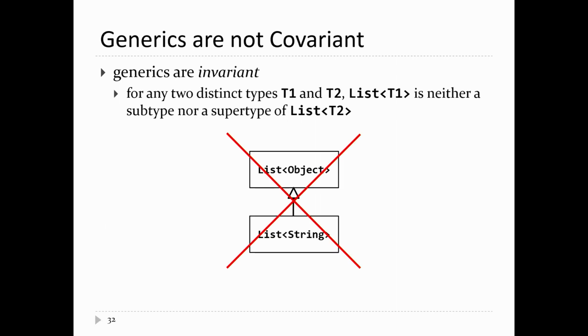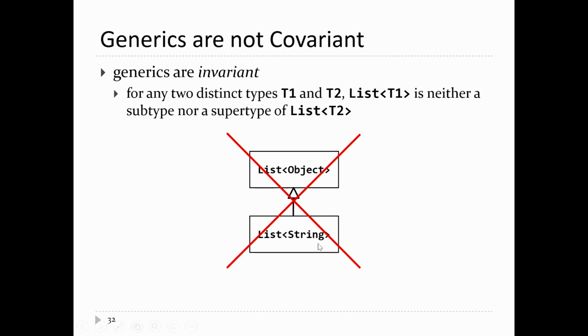Now generics are invariant. Arrays are covariant, generics are invariant. So if you make a generic type like List, and you have a List of Object and a List of String, a List of String is not considered to be a subtype of a List of Object.